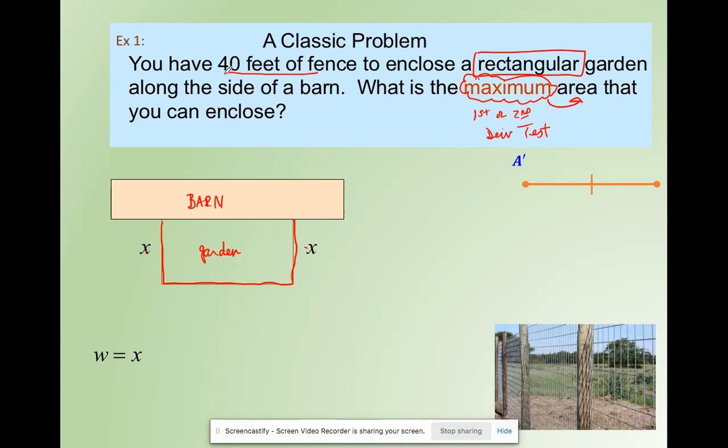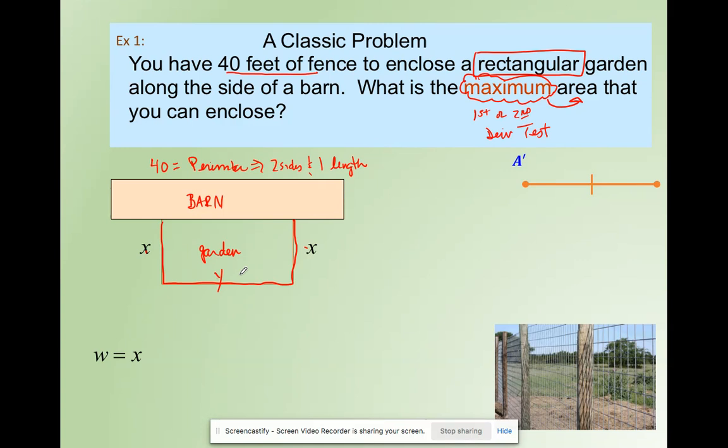So think, if you have 40 feet in total, 40 is your perimeter. But for my perimeter, I only need 2 sides and 1 length. But I can't have this length in terms of y.